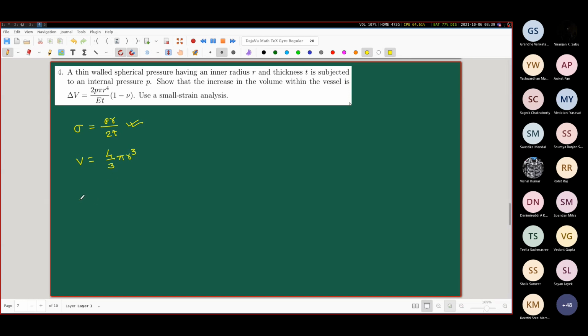All right. What will be V plus delta V? It will be 4 by 3 pi times r plus delta r, cube. Now let us take this r out of this thing.